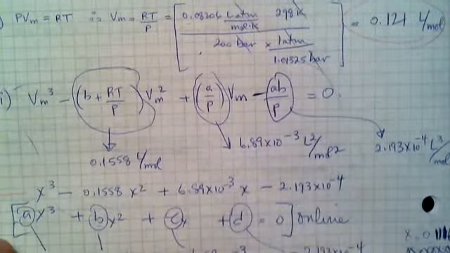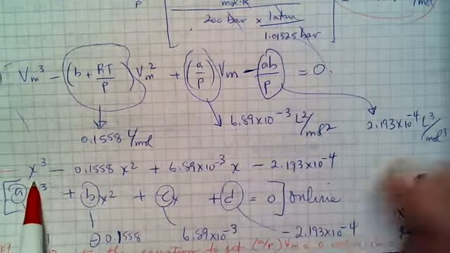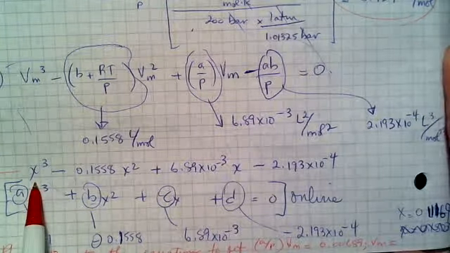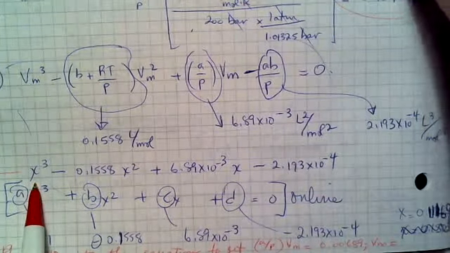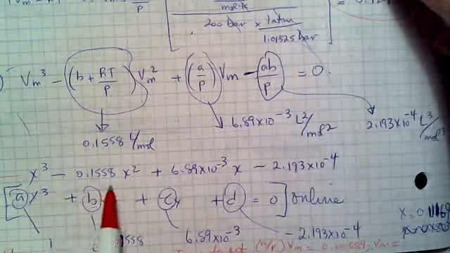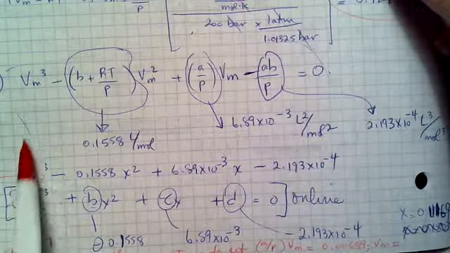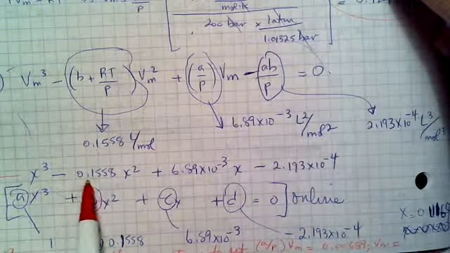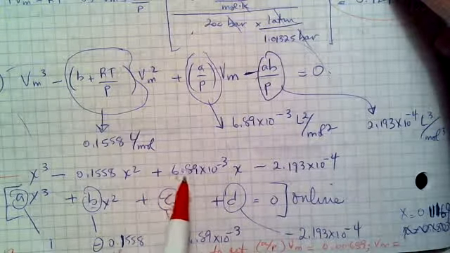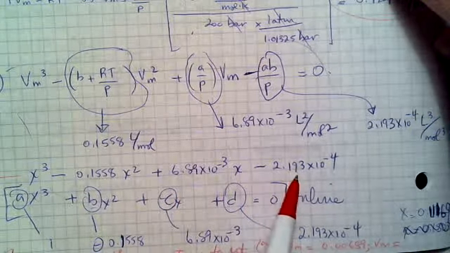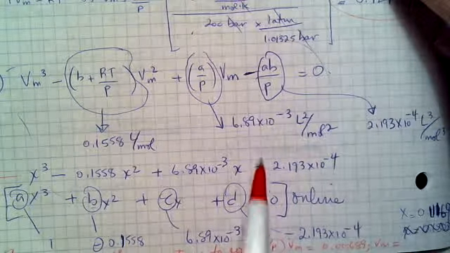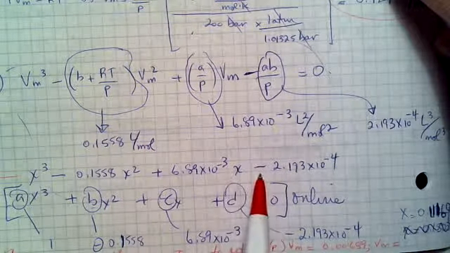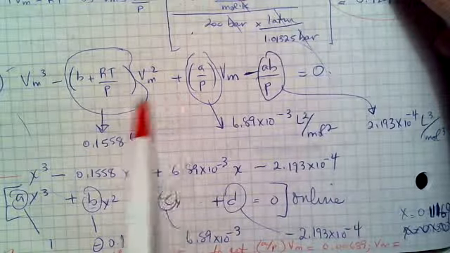I want all of these numbers to fit the form of the equation: instead of molar volume I'm using x, so x cubed minus this guy x squared plus this guy times x minus this guy. I'm paying attention to the signs.